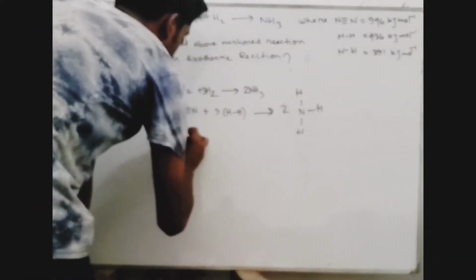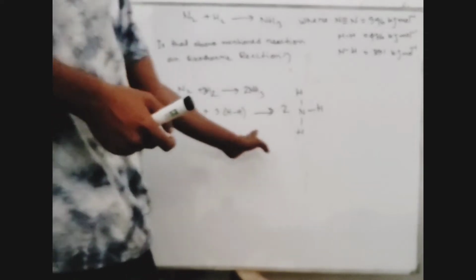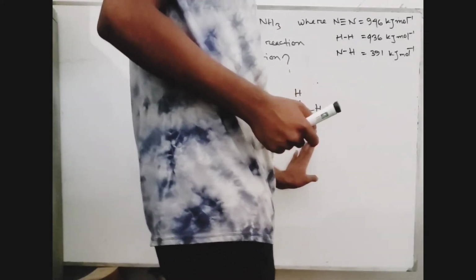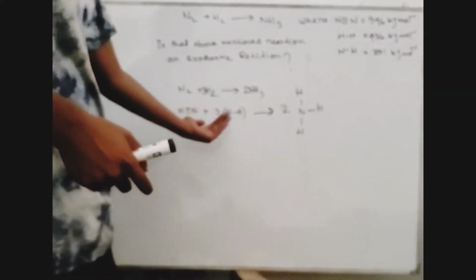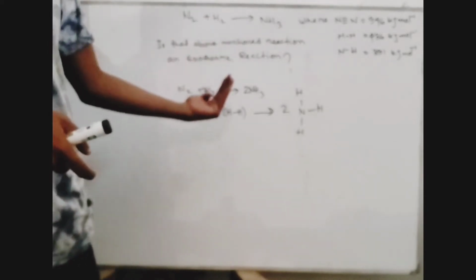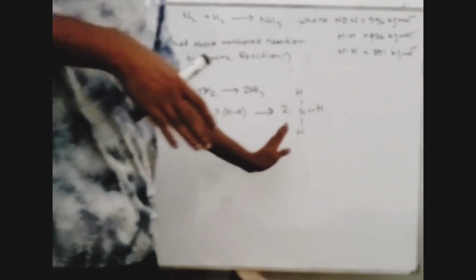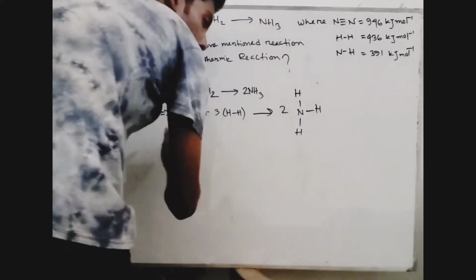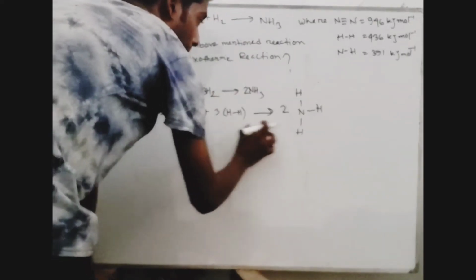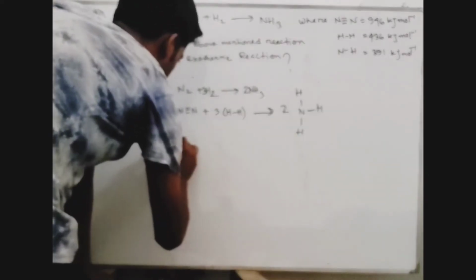So now we will divide this equation into 2 categories: the reactant category and the product category, or you can say yields category. The first category will be the breaking down of the reaction, and the second category will be the building up of the product. So here it will break, and here it will build up.